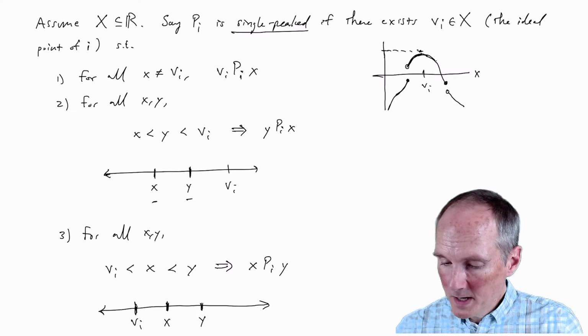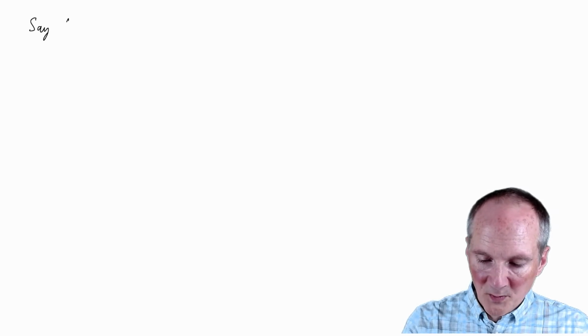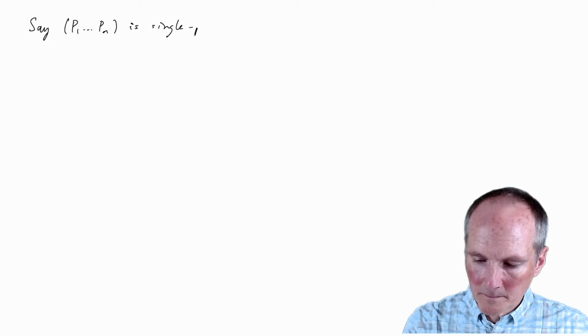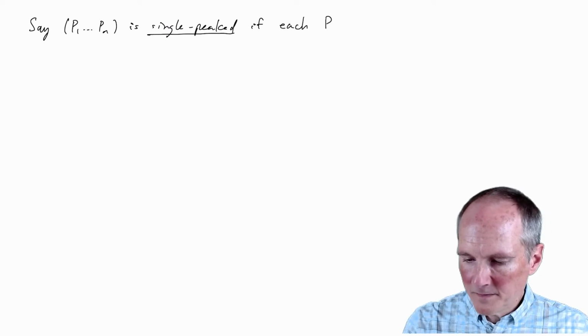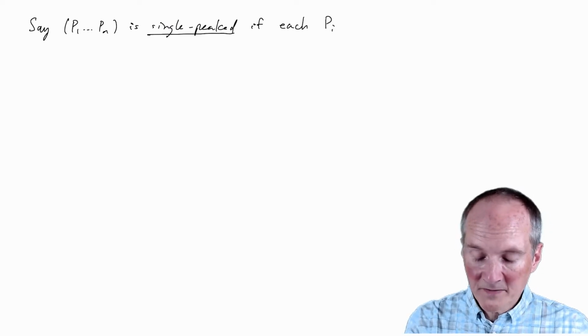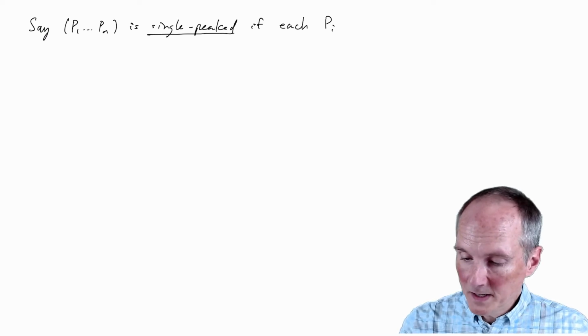It's just a little mathematical tidbit, but if it does, it's going to have something like this structure here. All right, so that's a single-peaked preference relation. We'll say a preference profile is single-peaked if each preference relation in the profile is single-peaked.